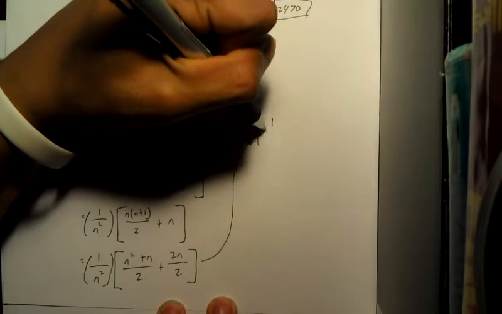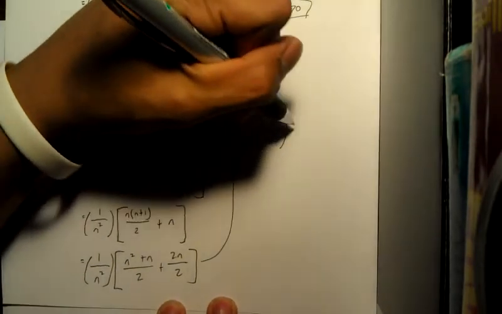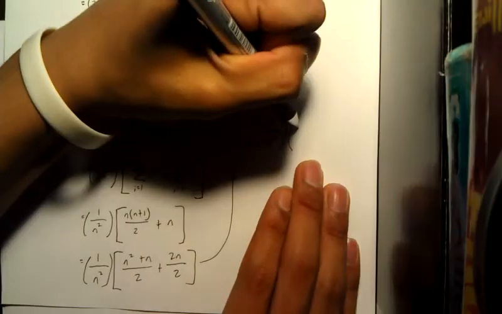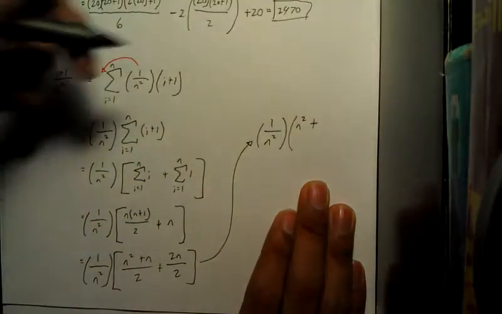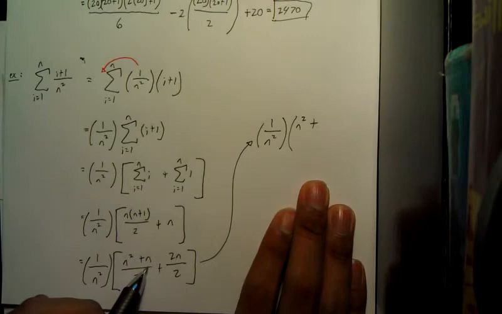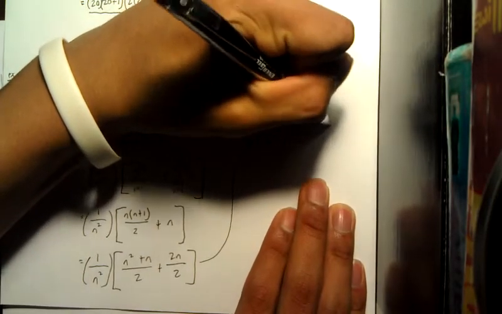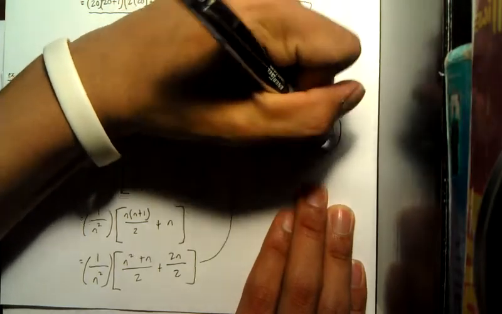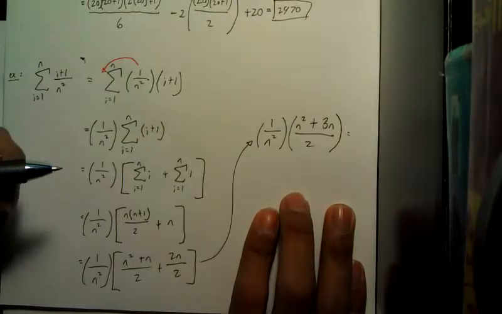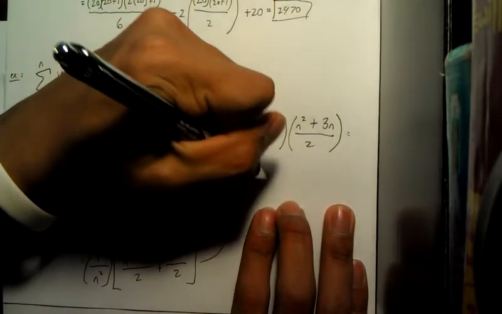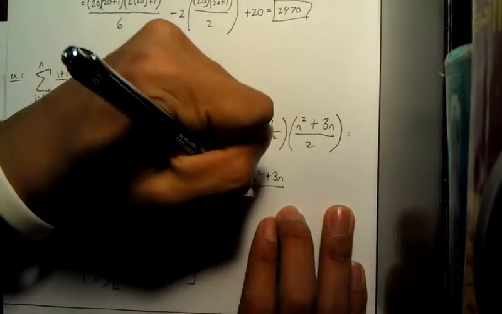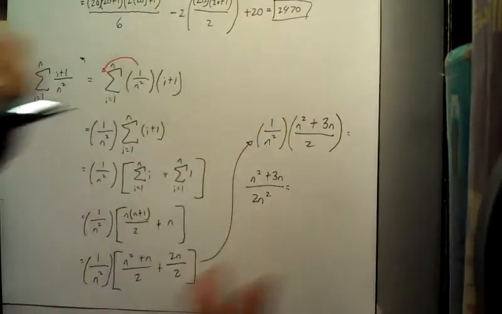So now you're left with 1 over n squared times n squared plus, combine these like terms since you have common denominators now, so plus 3n all over 2. Multiply across and you get n squared plus 3n over 2n squared.